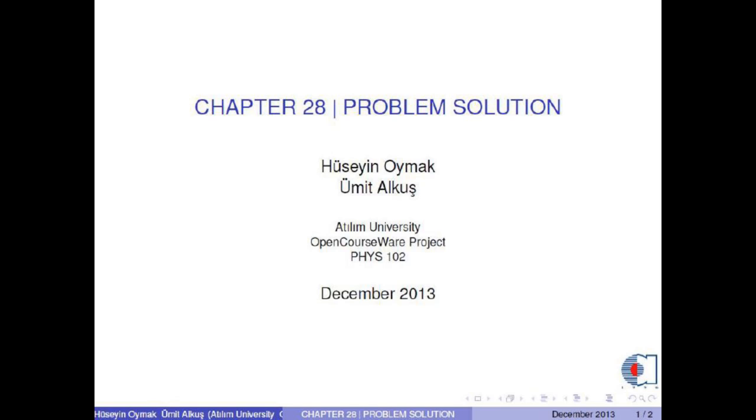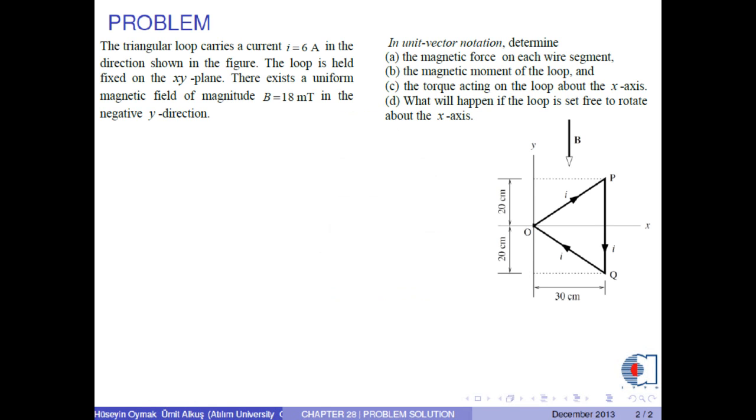In this video, we will solve one problem in chapter 28. The triangular loop carries a current I equals 6 amperes in the direction shown in the figure. The loop is held fixed on the xy plane.